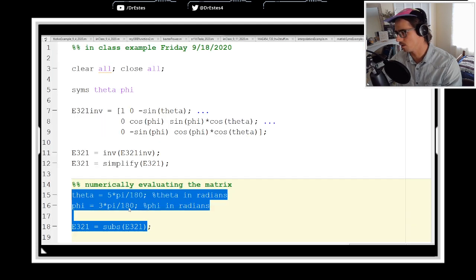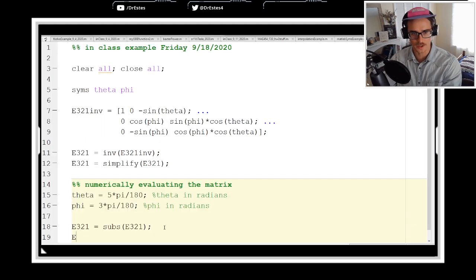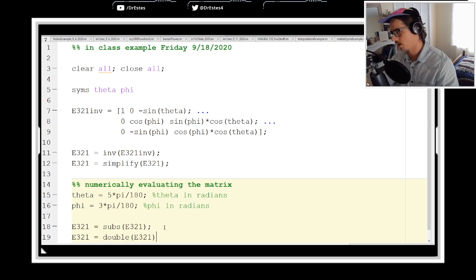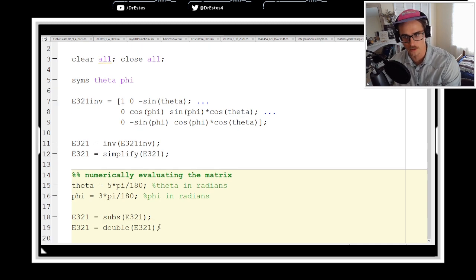Here's what you can do. You go E321 equals double E321. Double doesn't mean double it or square it. It just means convert it into a double format. So that just means in computer speak, a number with a certain amount of decimals. I forget exactly how many.